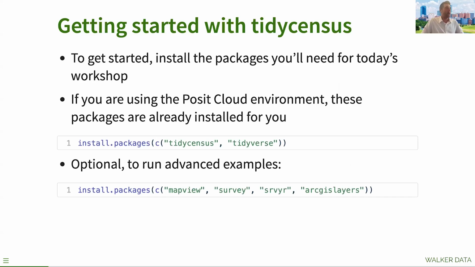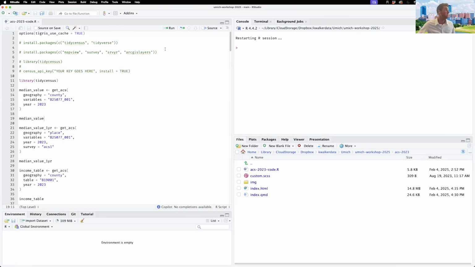If you're using the Posit Cloud environment, you don't have to install these R packages. If you're working from home or at your office and you're using your own version of R, you may need to run these commands. And so if you go to the R script, I'm going to jump over here. You'll notice that those lines are commented out.